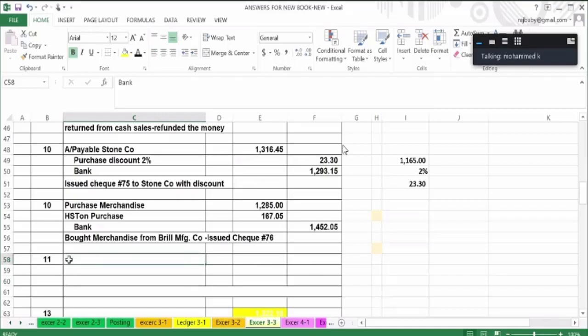January 11th. Return $120 plus HST, 15.60 worth of merchandise bought on January 10th. Received a cash refund.